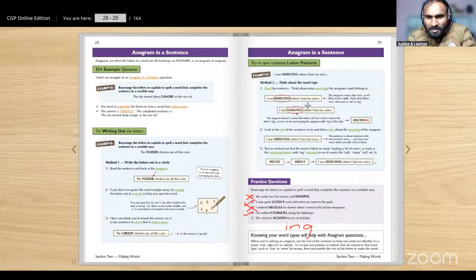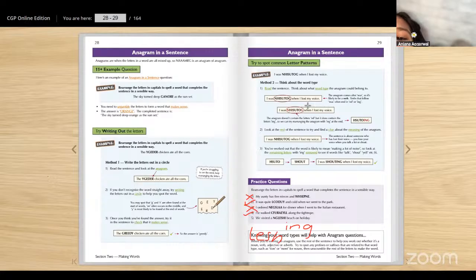I guess you can do this. Think more. If we've got lesh, we can make shell, but that needs double L. No, I can't do that.